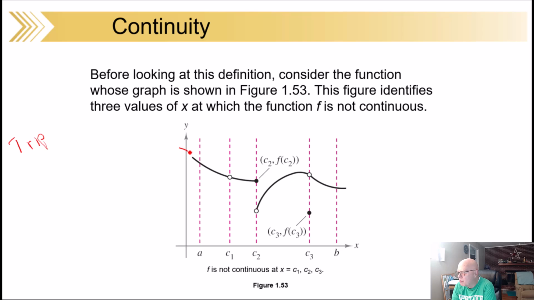So you pick up the graph somewhere around here, and you follow it as much as you can. But notice what happens right here. There's a gap. So if you were going along this curve, you'd have to jump over this to get to the rest of the curve.